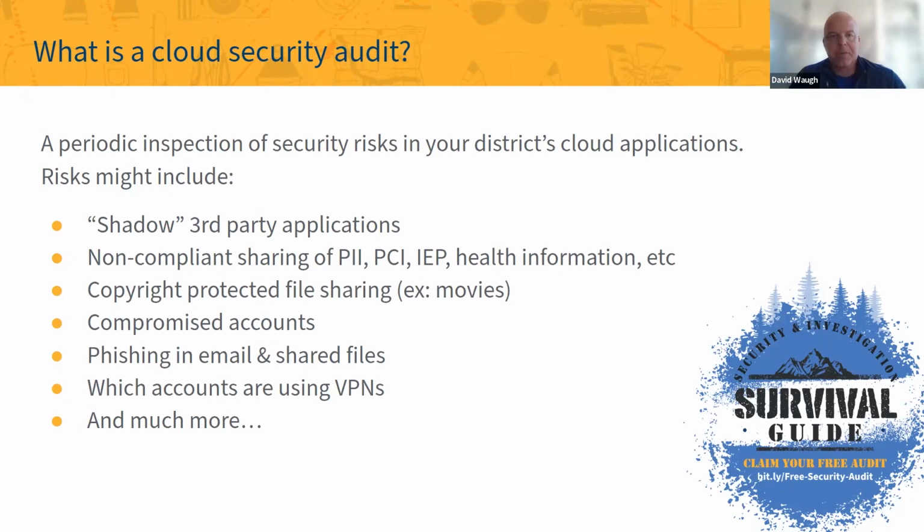Maybe you have compromised accounts that you're unaware of, and you have logins coming from external locations, say outside of the United States. Maybe it's third-party applications that have been granted an OAuth token to your domain that have not been approved and vetted by your technology staff, which is the new landscape of shadow IT. A whole lot more you can also uncover, but these are just some of the main items that you may uncover by conducting these periodic investigations.